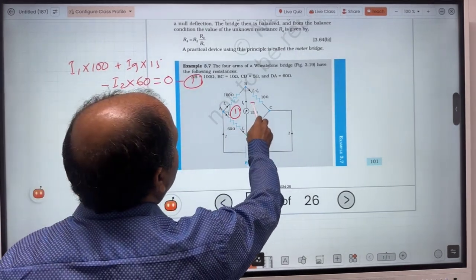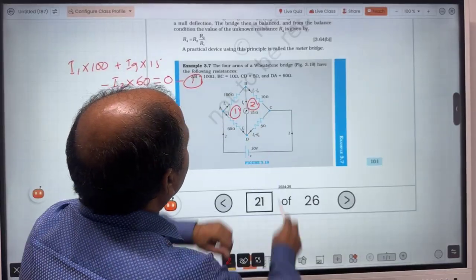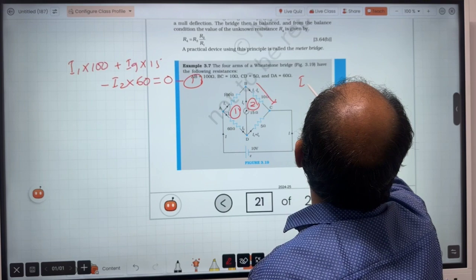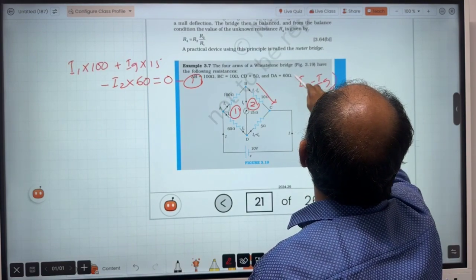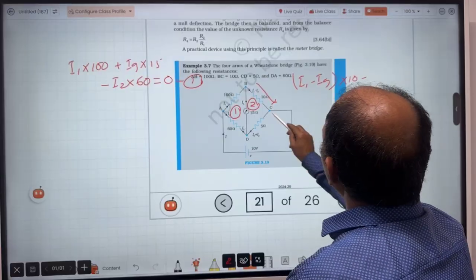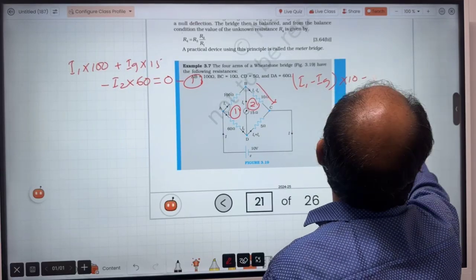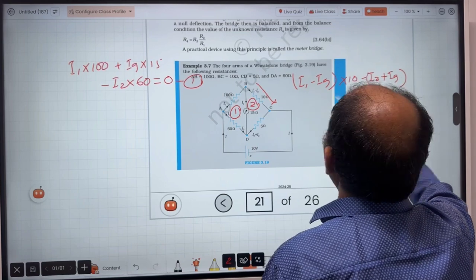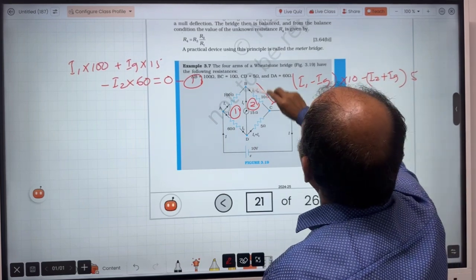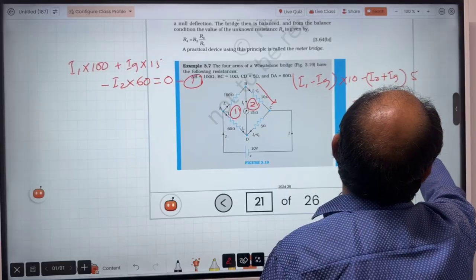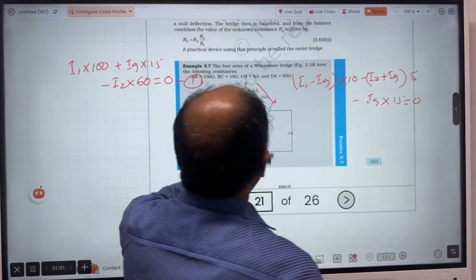Then if you consider this loop, and suppose you are moving like this, your equation will be I1 minus Ig times 10, minus, as you are going against, I2 plus Ig multiplied by 5, and then again minus Ig into 15 equal to 0. So this is the second loop.